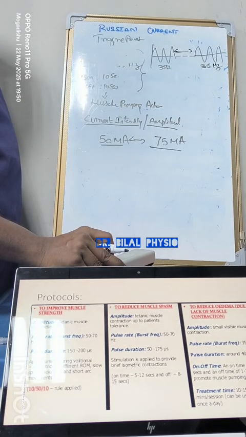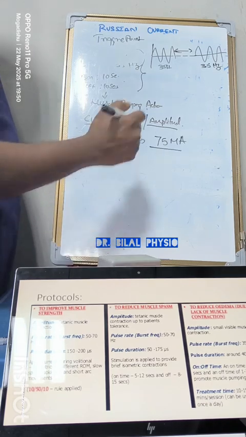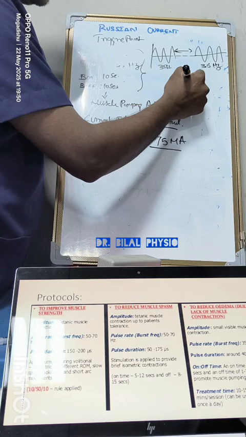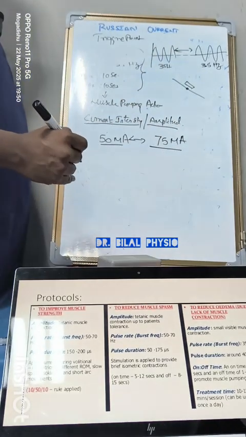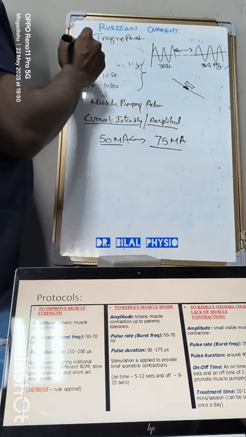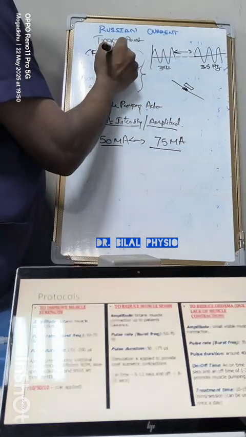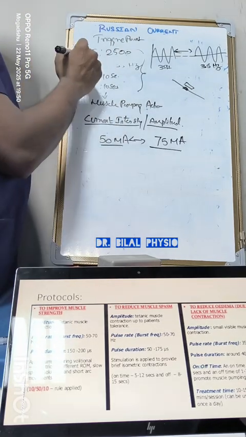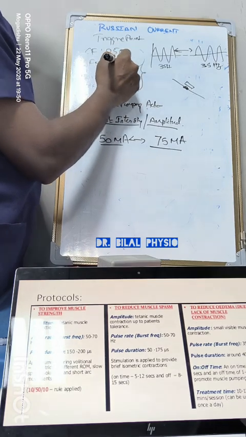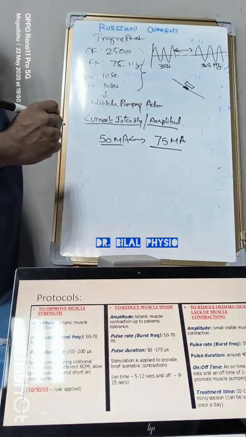In our clinical setup we use it for patients who come with chronic pain syndrome or chronic myofascial pain syndrome, where we place the electrode directly over the trigger point to improve the muscle pumping action and to break down the trigger points, with the same 2500 Hz carrier frequency and a burst frequency of 75 Hz, which is comfortable.